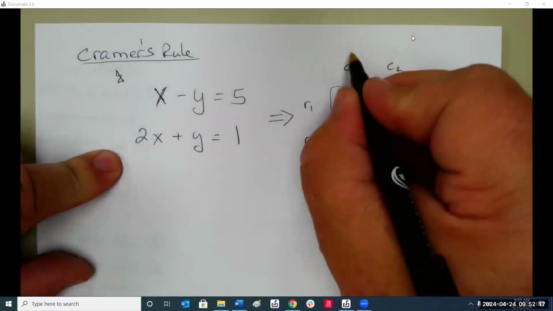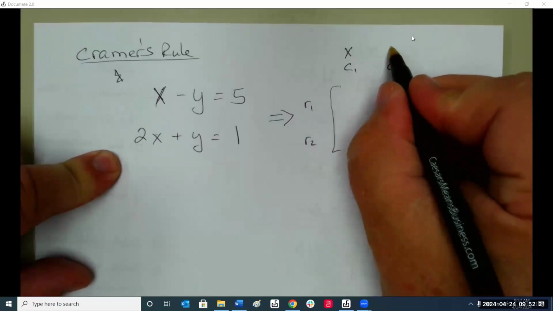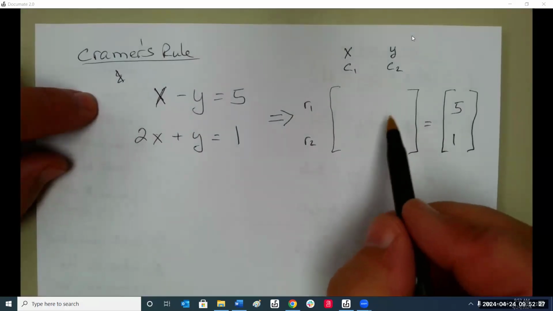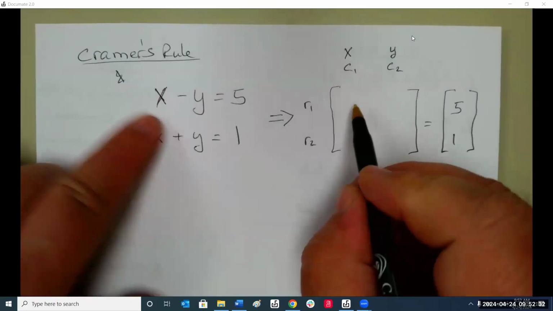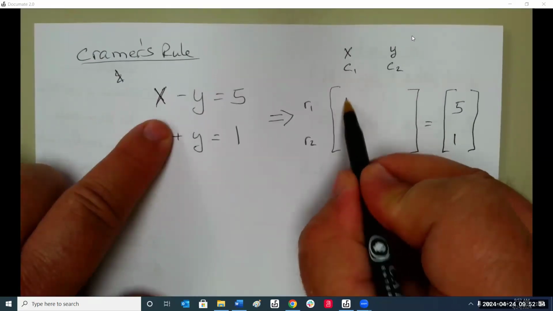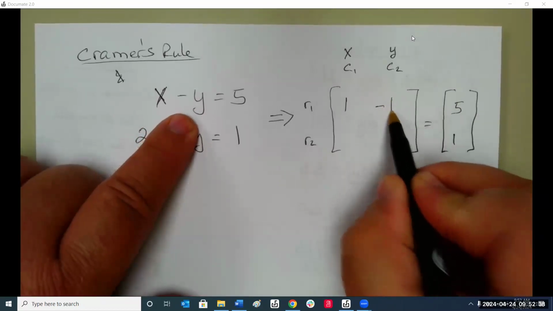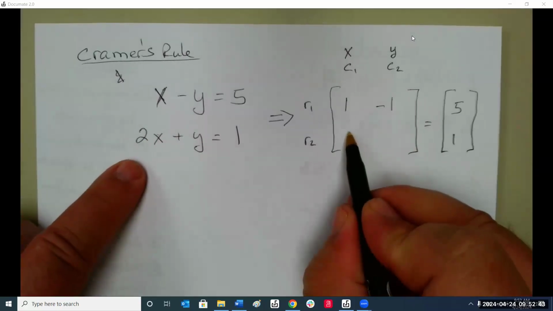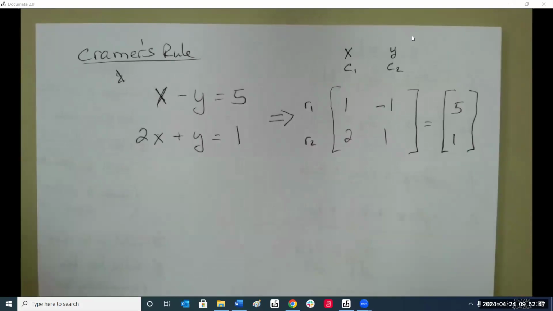The column 1 deals with the x values, the coefficients, and the column 2 deals with y's. Column 3 would deal with z's and so on and so forth. Only put the coefficients in there. So the first one, in the first row, first column, the coefficient is 1. The next one is negative 1. On the second row, we have 2 and positive 1. There we have our matrices.